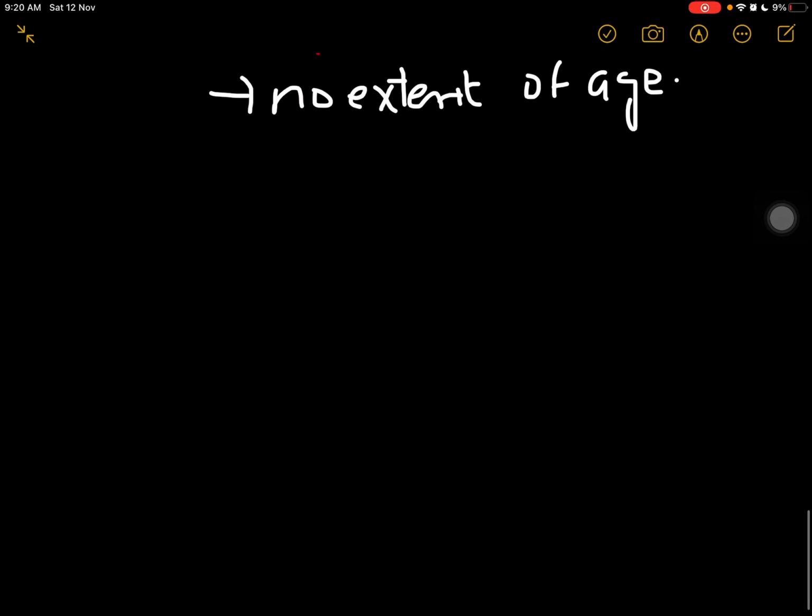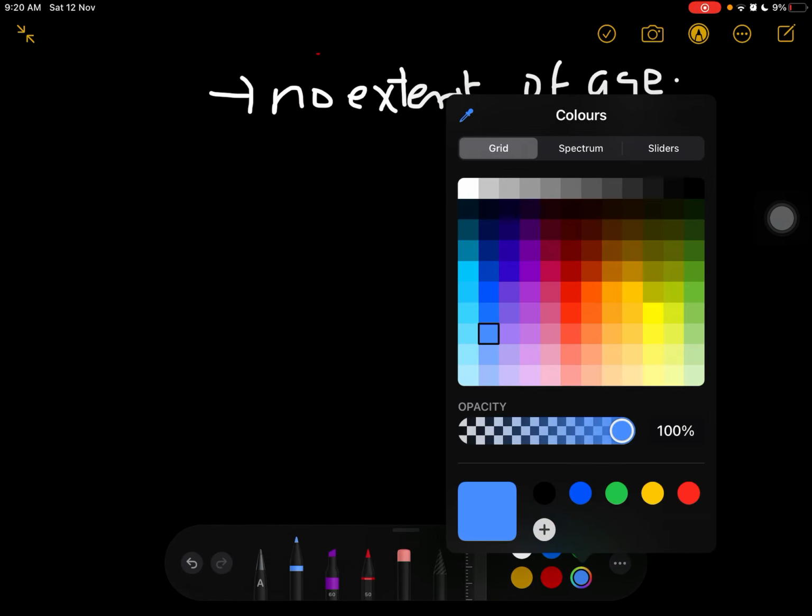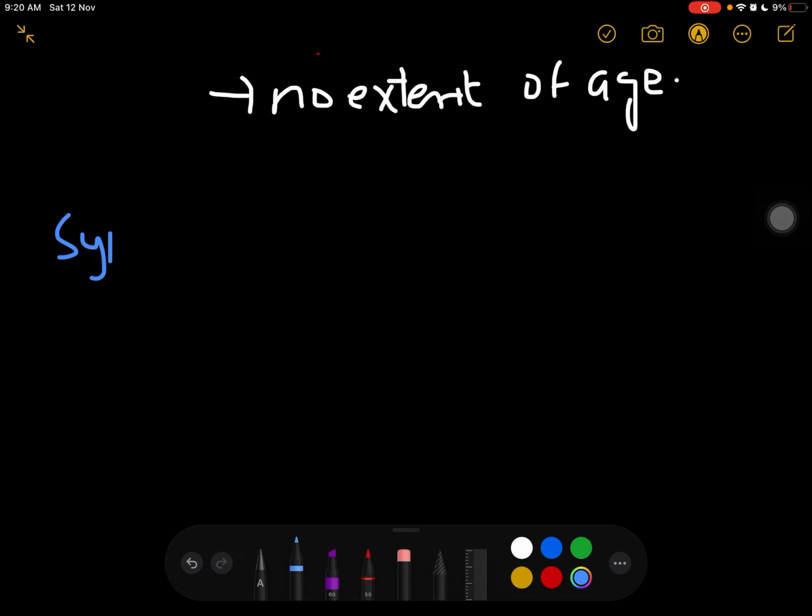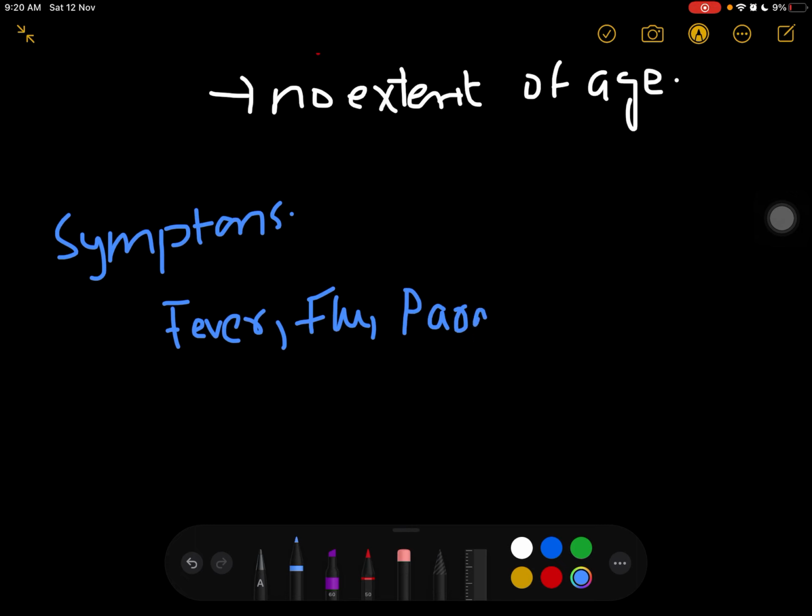So let's talk about the symptoms. What are the symptoms? Basically the symptoms are fever, flu, paralysis, and tetany.